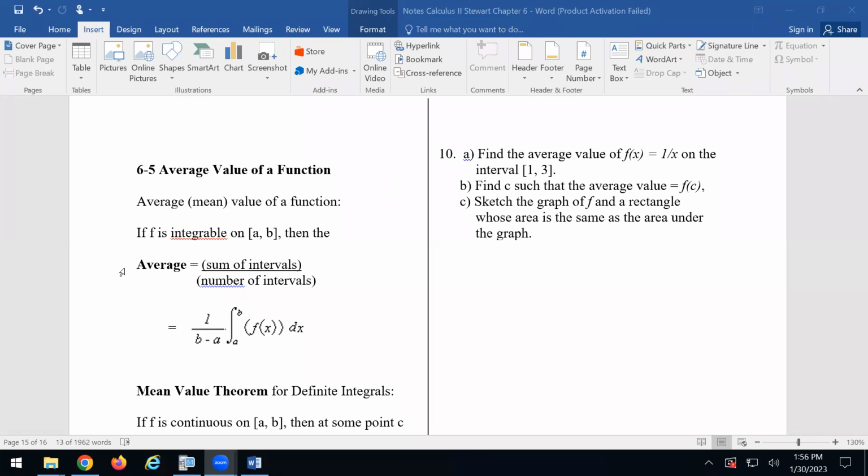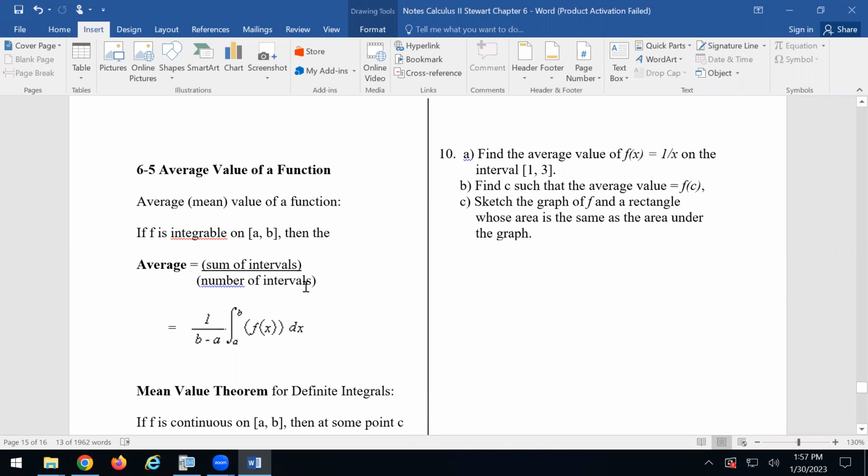Now, if f, which is a function, is integrable, meaning you can integrate it over the boundaries from a to b, then the average is going to be the sum over the number of intervals. That's where you get the average.